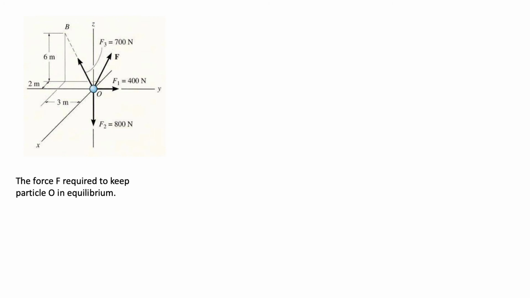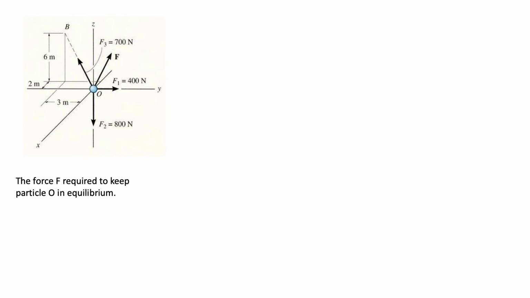Now in this problem, we are asked to get the force F required to keep the particle O in equilibrium. In order for this particle to be in equilibrium, first we have to get the resultant vector of these three vectors, F1, F2, and F3.